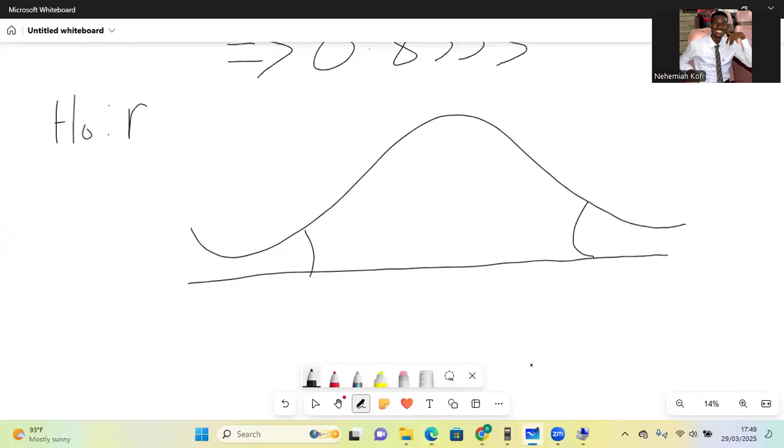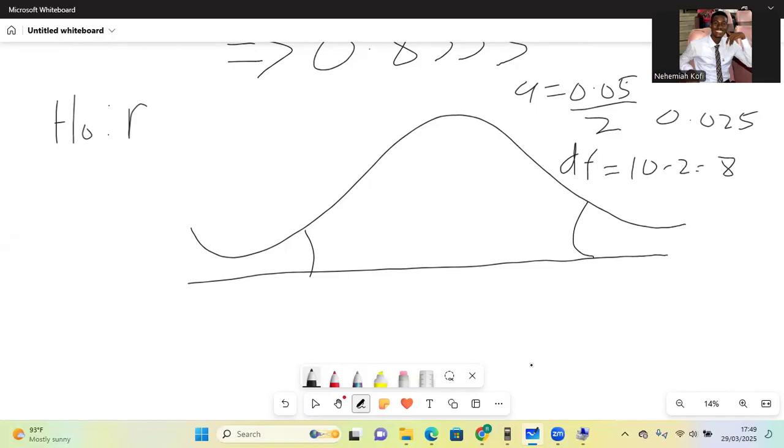So now alpha is going to be 0.05, but because alpha is divided by 2, you are going to get 0.025. That's what we are going to trace. Our degree of freedom is going to be n minus 2, so 10 minus 2, which is going to be 8. You get it?